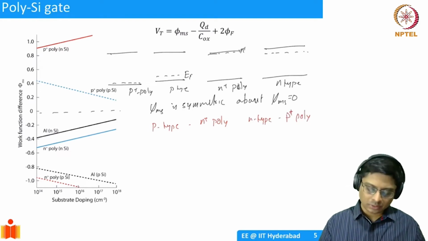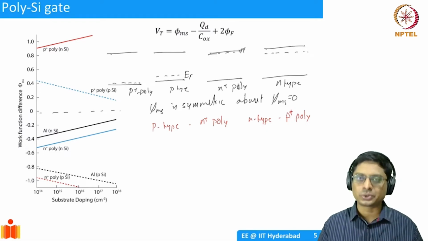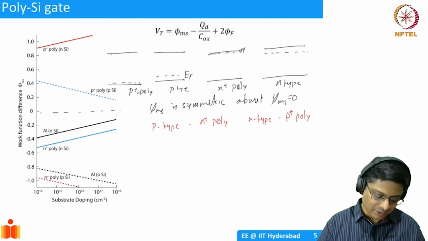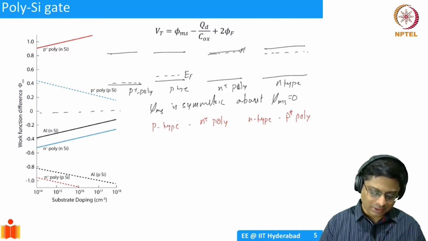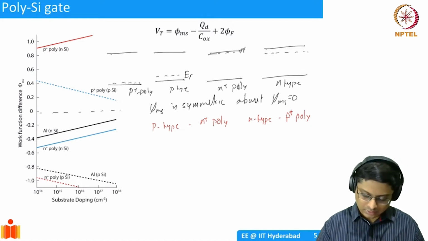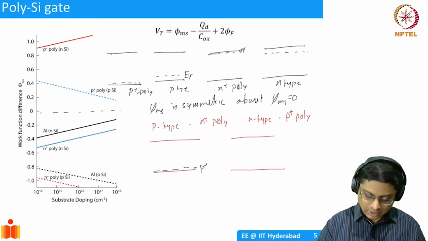If you do, you'll see that again the difference is almost close to the band gap. That's why you see the phi ms here. If you have a p plus poly, that means you're using poly to be p plus, and you're having an n-type semiconductor.